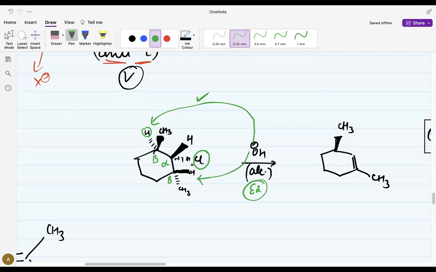Hydrogen and Cl same side, syn, so you cannot attack, this elimination is not possible.